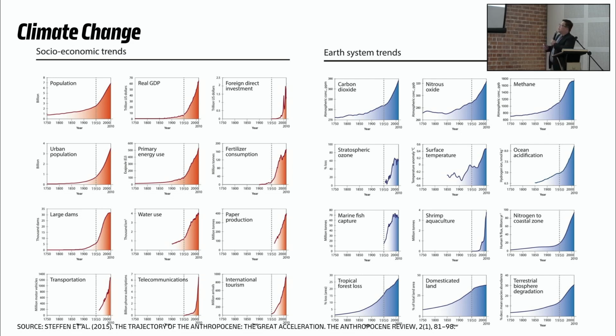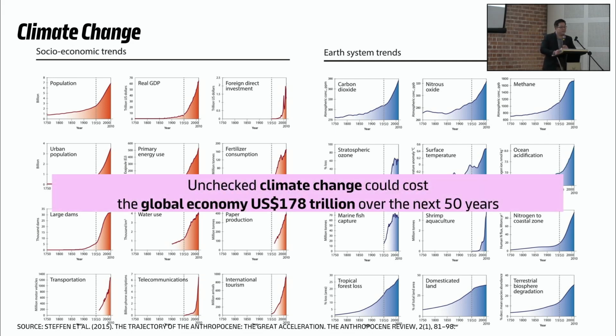And that causes some changes to the Earth. Right, the surface temperature has gone higher, methane has gone higher, the ocean has become more acidic, and so on. And there's a saying that if this climate change continues to rise, it could cost the global economy US$178 trillion over the next 50 years if we do not do something about it.